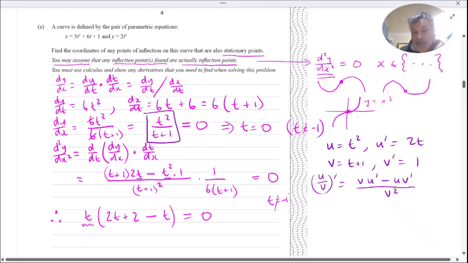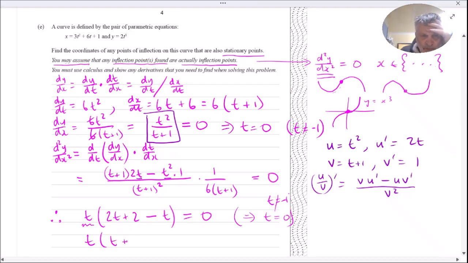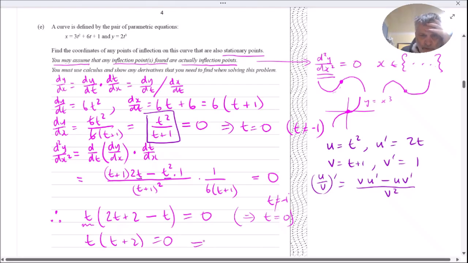Actually, as soon as we've got a t out here multiplied by something, we can see that implies that t equals 0, and that's going to be our point, because that's where there is a stationary point. But if you weren't sure, you could carry on. 2t minus t is t plus 2 equals 0. That implies t equals 0, or t equals negative 2.